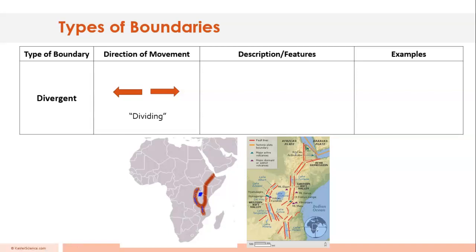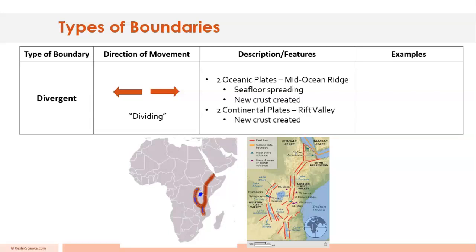All right, let's go ahead and fill in our chart. So for our description, we've got a couple of things, so leave yourself some room here. When there are two oceanic plates, we have a mid-ocean ridge form. We know that seafloor spreading happens here and new crust is created.